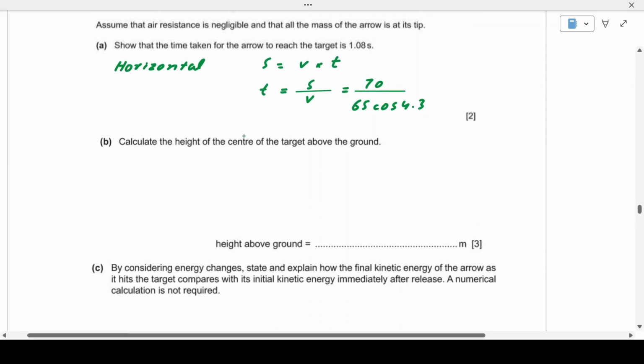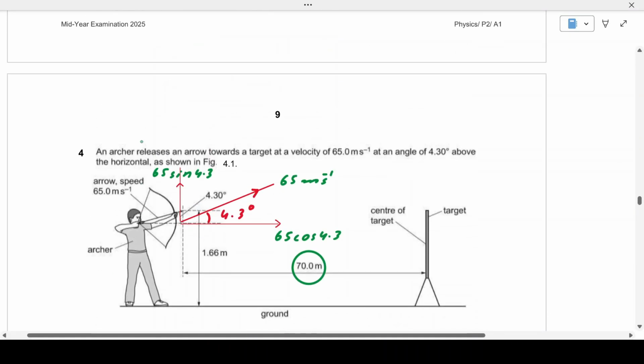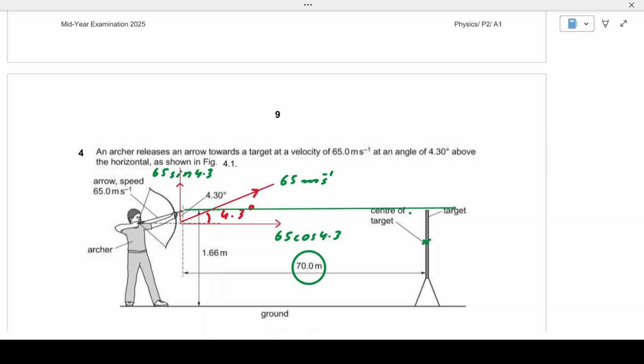Calculate the height of the center of the target above the ground. Okay, so we need to calculate this height. What we can do is calculate the height of the projectile from its starting point.